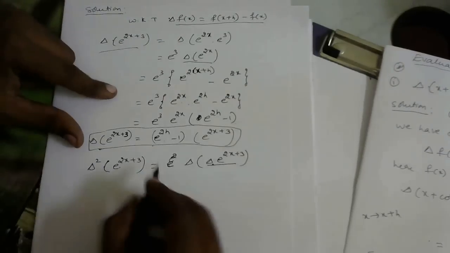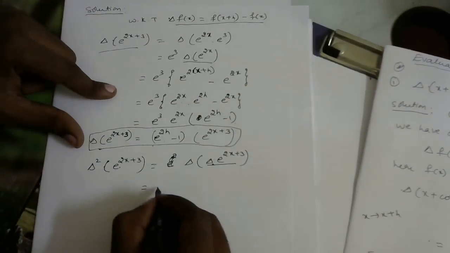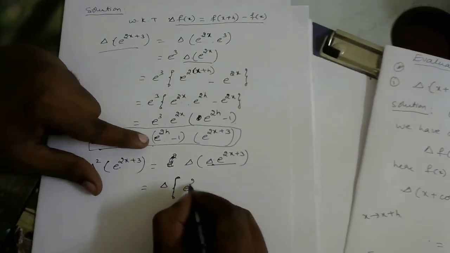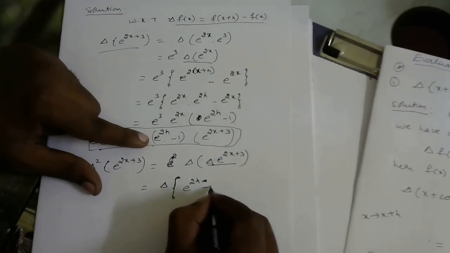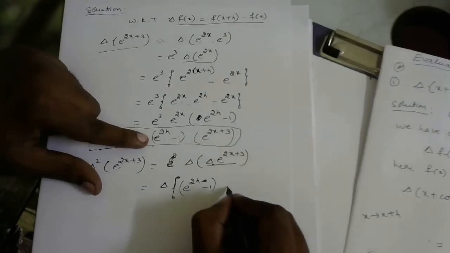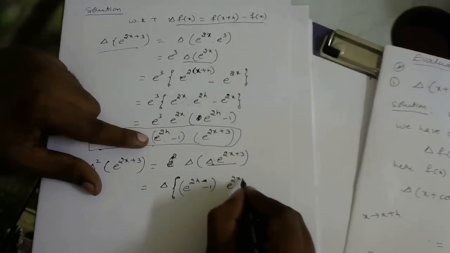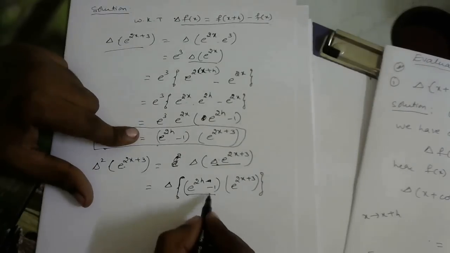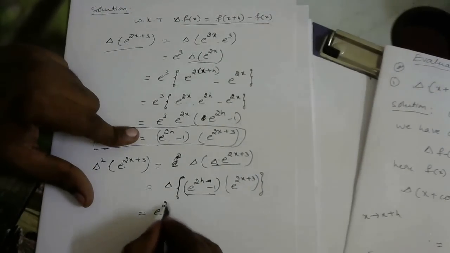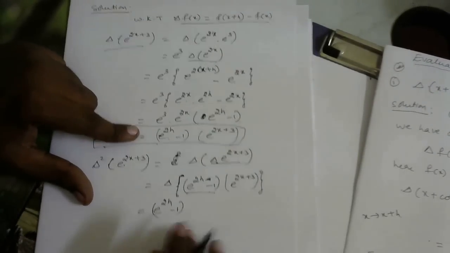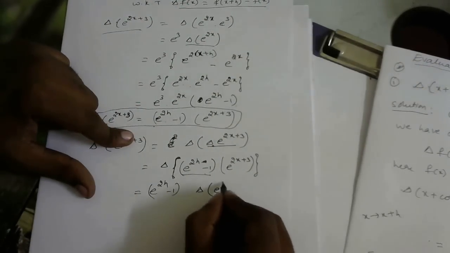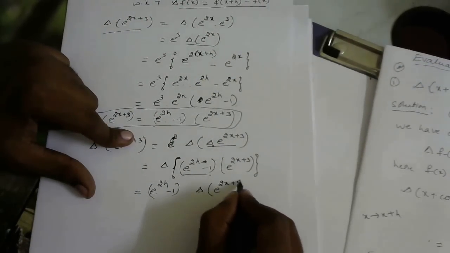So if you substitute, what do you get? Delta into e to the power of 2h minus 1 into e to the power of 2x plus 3. This is constant, I will take it outside: e to the power of 2h minus 1 into delta into e to the power of 2x plus 3.